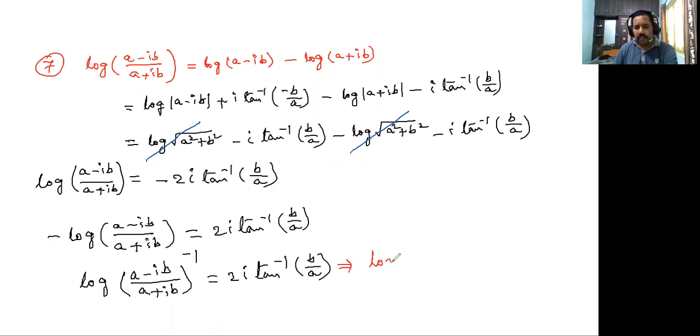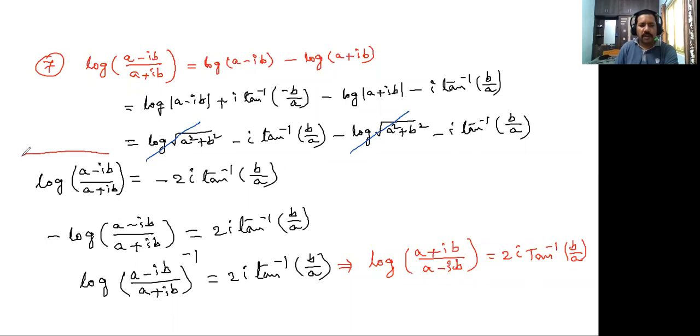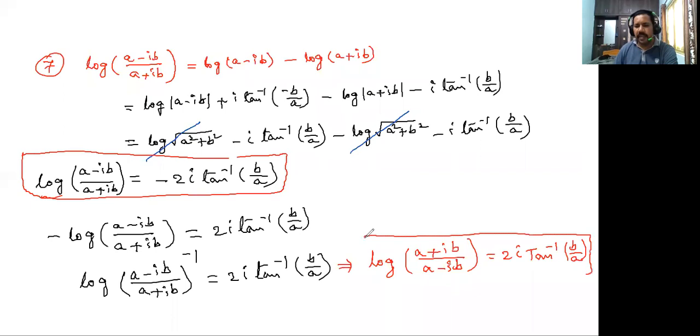Now this is logarithm of (a plus ib) divided by (a minus ib) equal to 2i tan inverse b by a. So the logarithm of (a minus ib) by (a plus ib) formula is minus 2i tan inverse b by a, and logarithm of (a plus ib) by (a minus ib) means 2i tan inverse b by a.